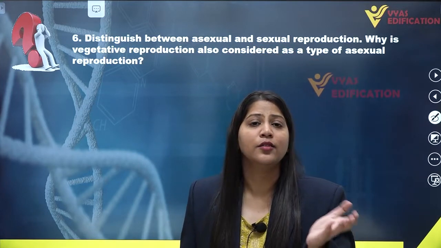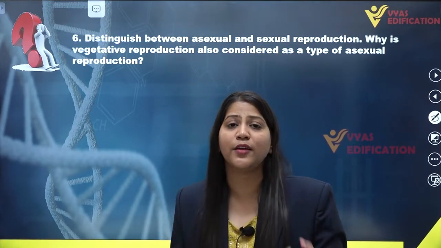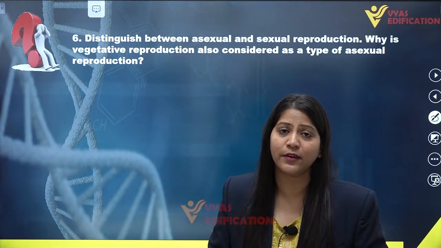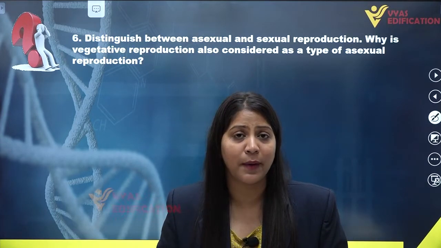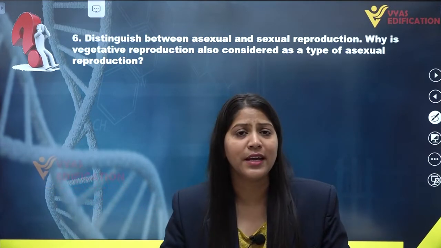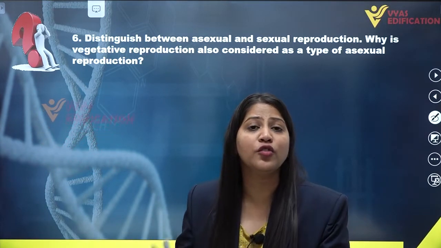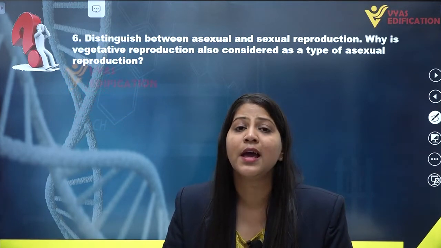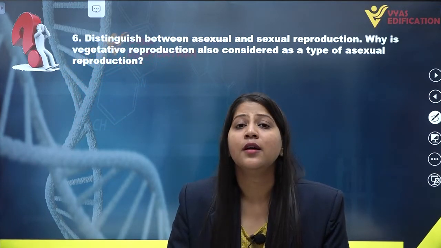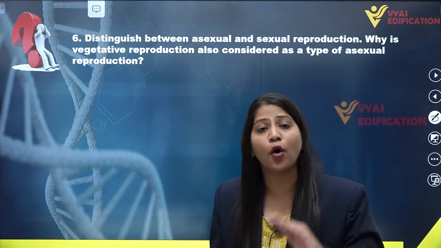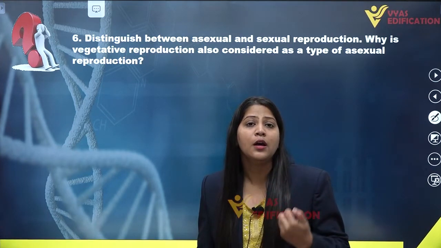Such parts are known as tubers, suckers, bulbs, etc. So if we obtain plants from the vegetative parts of a plant such as stems, roots, leaves, etc., the progeny obtained are said to be offsprings produced from asexual reproduction. Because vegetative reproduction does not involve the formation and fusion of gametes, it is considered asexual reproduction.